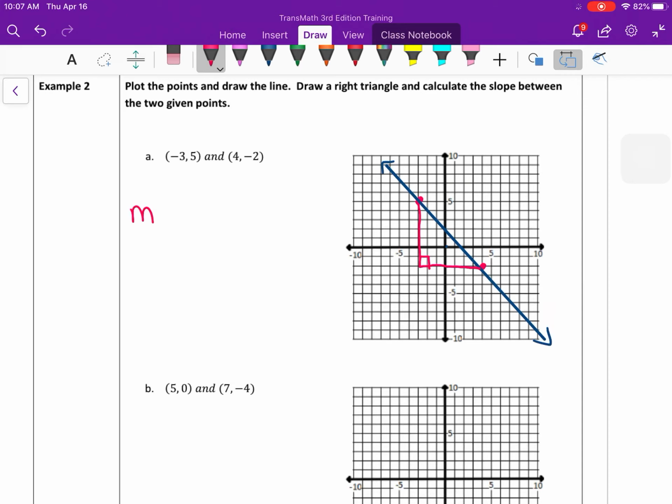And then remember, to find the slope, we need the vertical change over the horizontal change. All right, and if I start at the very first point, negative 3, 5, it looks like I'm going 1, 2, 3, 4, 5, 6, 7, and that's negative because I'm going down.